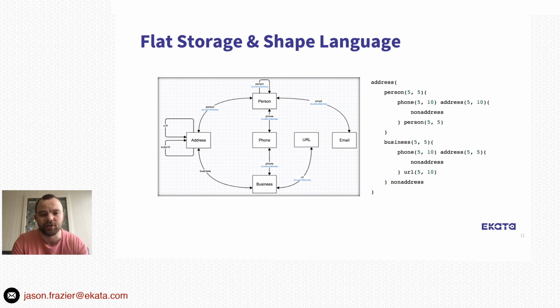For example, a person might have ID 1, and then the value will be the attributes of that person, like their name, birth date, or various things like that, as well as the links that it's linked to, which are UUIDs to various other entities. On top of that, we also have what we've called the shape language, which is what we use to query our database.